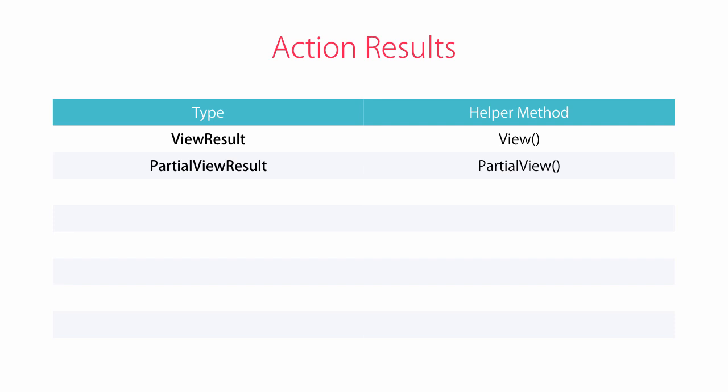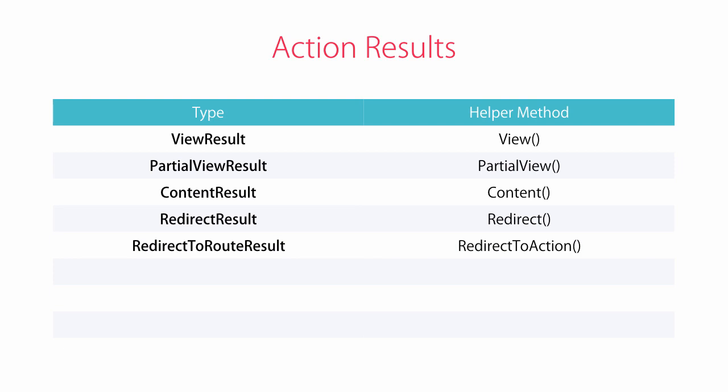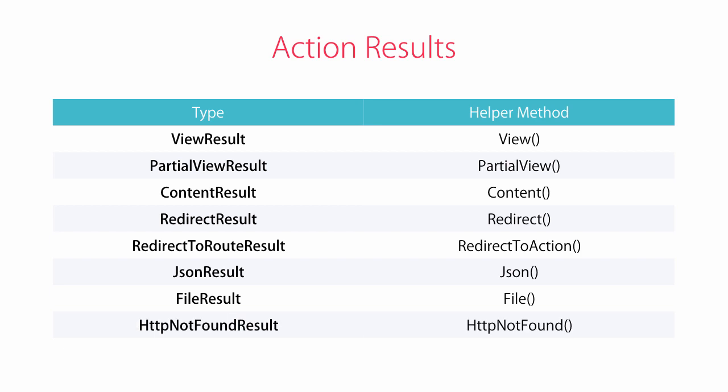We have partial view result to return a partial view, content result to return simple text, redirect result to redirect the user to a URL, redirect to route result to redirect to an action instead of a URL, JSON result to return a serialized JSON object, file result to return a file, HTTP not found result to return a not found or 404 error, an empty result which is used when an action doesn't need to return any values, like void.